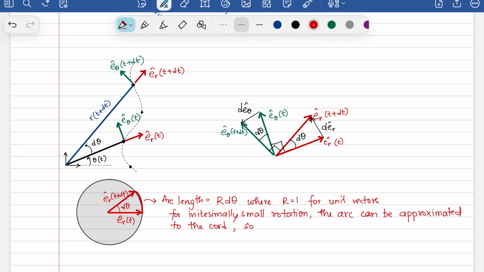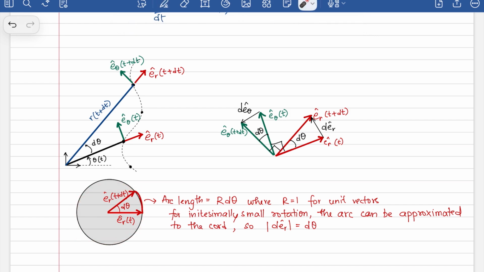So the magnitude of de_r hat is equal to d theta according to this entire argument.